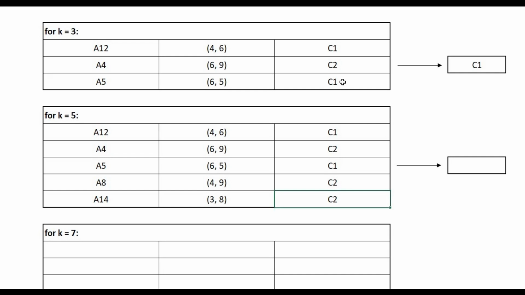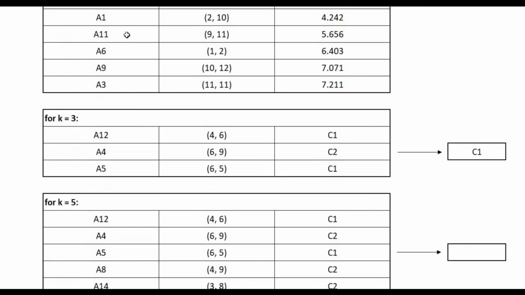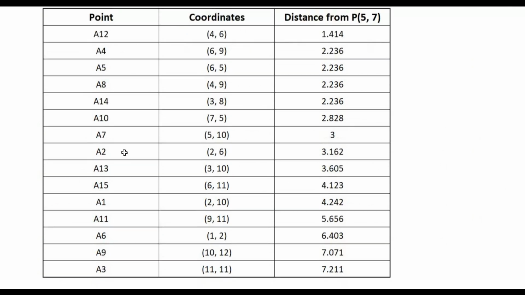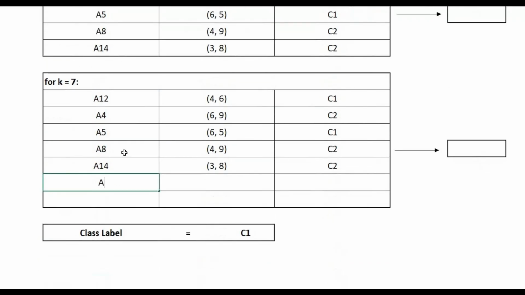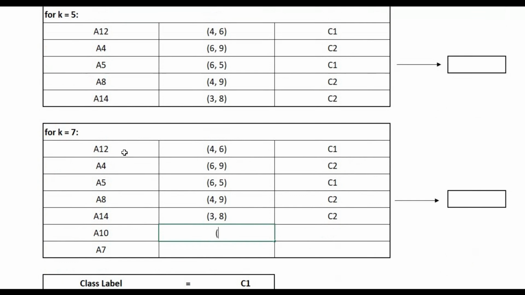But let's also check k7. The starting 5 for k7 will remain the same, so I just copy them down here. Now for the next two we check the sorted list: A10 and A7, with coordinates 7, 5 and 5, 10.